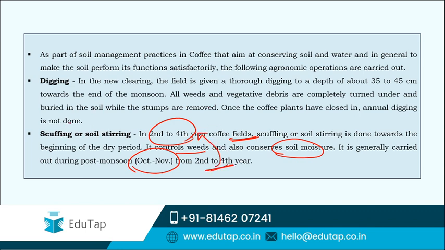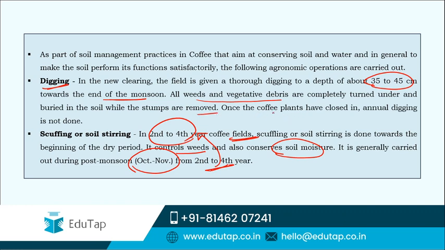And before that, in the new clearing, new cropping, digging is done, wherein a thorough digging to a depth of 35 to 45 centimeters is done towards the end of monsoon. That also is done in coffee only. This is done when all the weeds and vegetative debris are completely removed or buried into the soil, whereas the dried stumps can be removed.